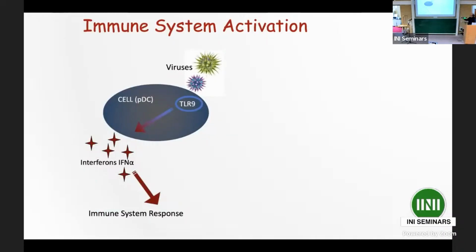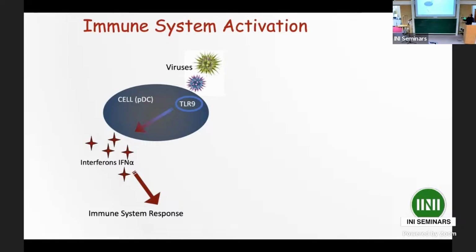That is a good simplified picture, as I understand it, of how the immune system reacts. One way of response, which is mostly adapted in innate immunity, is through plasmacytoid dendritic cells that contain different receptors called toll-like receptors. For instance, toll-like receptor 9 in these cells is responsible for detecting viral or bacterial DNA that enters the cell.